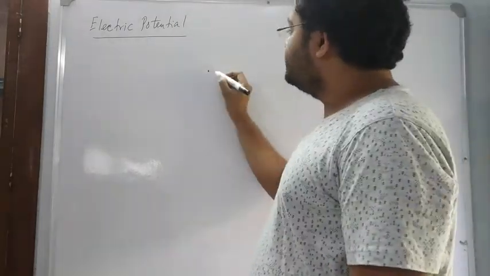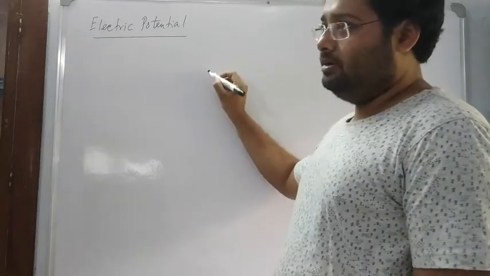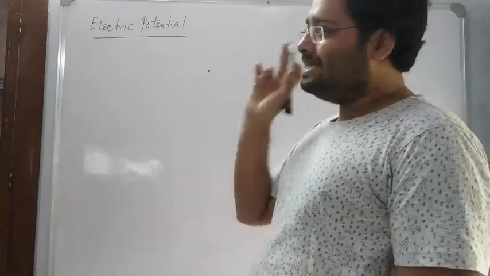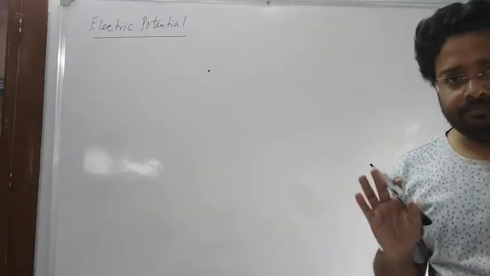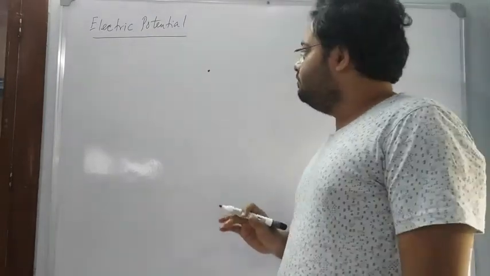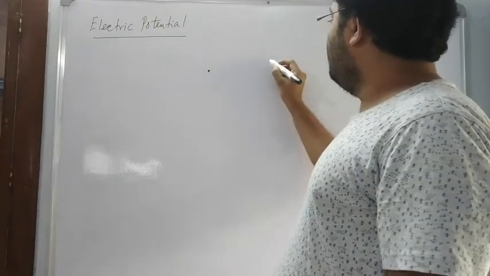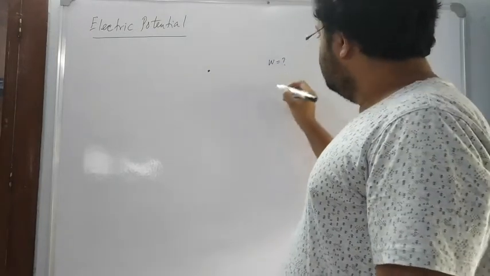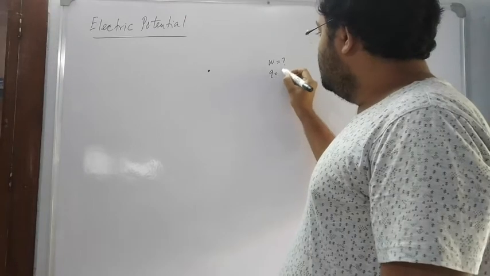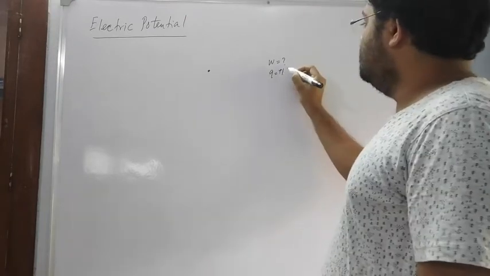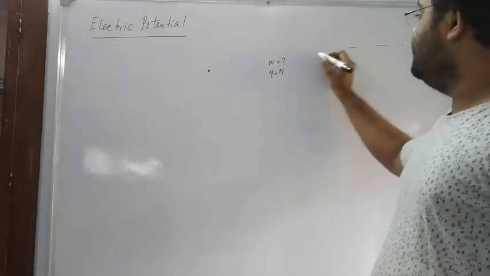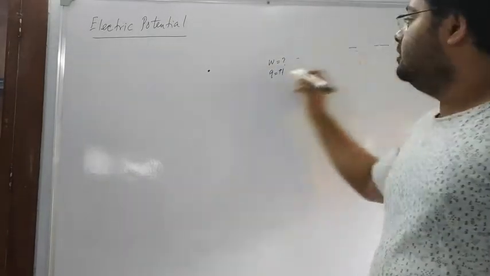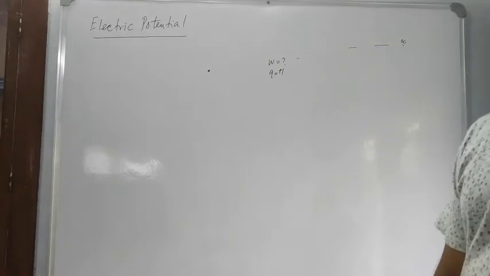To calculate electric potential of a point, you don't necessarily need to know how many charges are there. What you are supposed to know is the work done to bring a unit positive charge, that is plus 1 coulomb in SI, from infinity to this particular point.